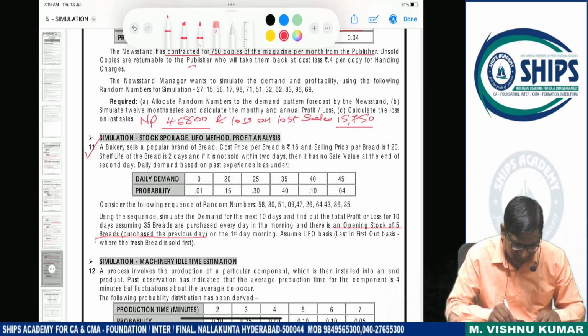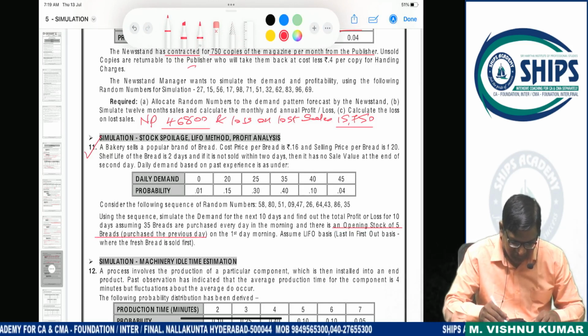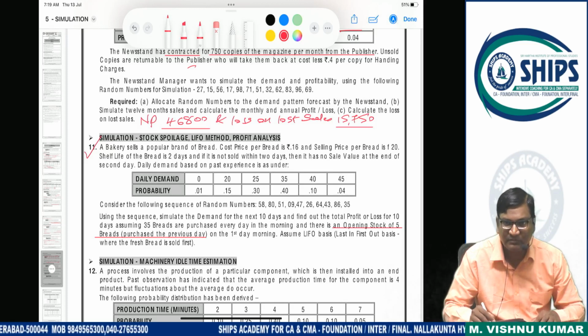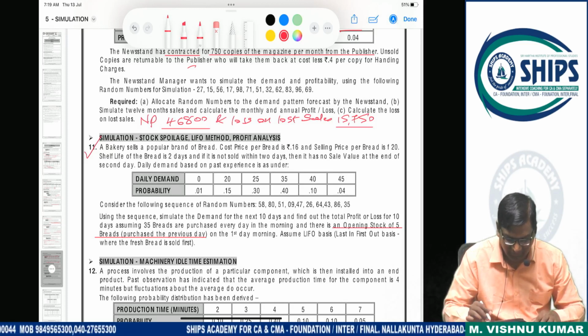So what is the treatment of this point? First trial is day 1. So already this opening stock is purchased 1 day before. It means in first day trial, if this stock is not sold, then it will ultimately be your loss. It will be spoiled.